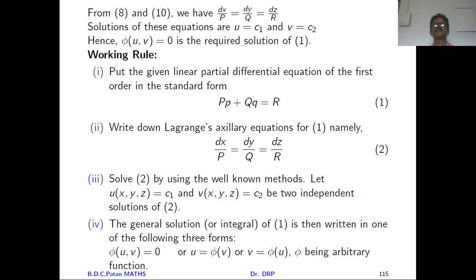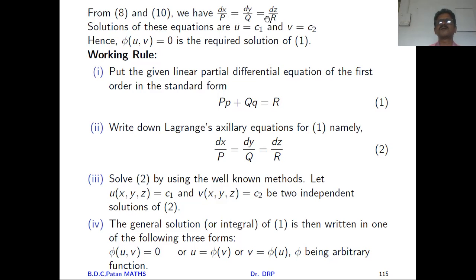If the equation is in the form Pp plus Qq equal to R, then its solution is phi of u equal to 0, where u equal to c1 and v equal to c2 are solutions of dx upon P equal to dy upon Q equal to dz upon R. So phi of u equal to 0 is a solution of Pp plus Qq equal to R, whereas u equal to c1 and v equal to c2 are the solutions of dx upon P equal to dy upon Q equal to dz upon R.